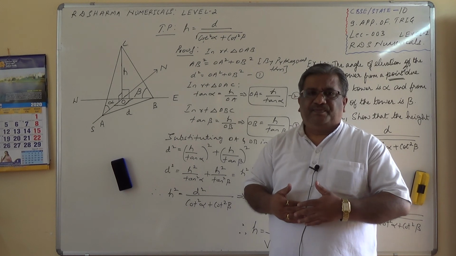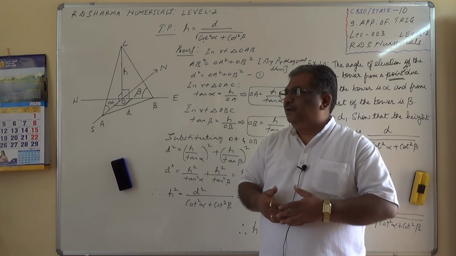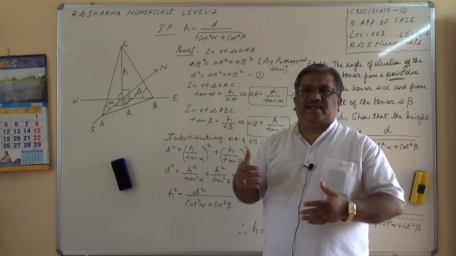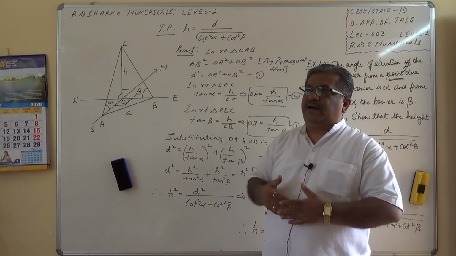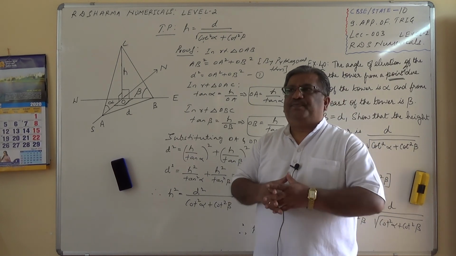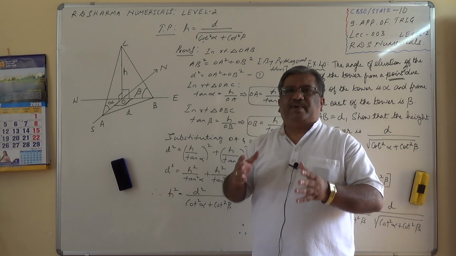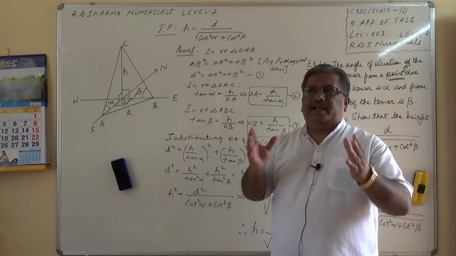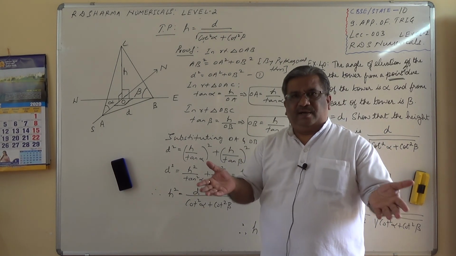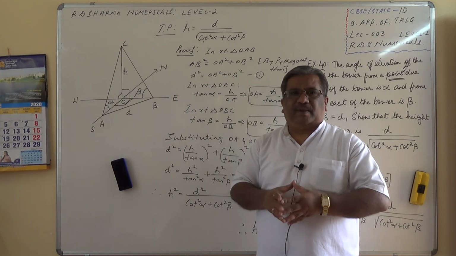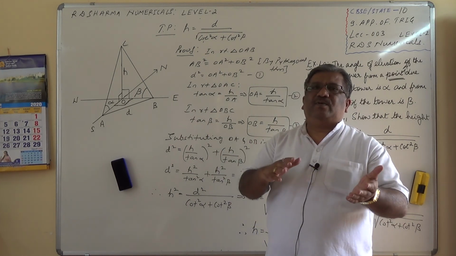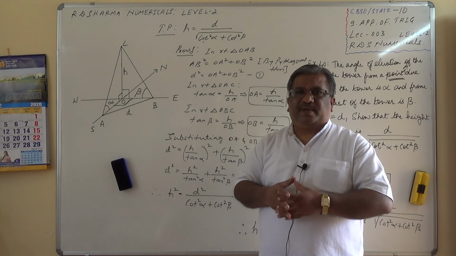You have to practice a lot, and most of these numericals, especially in the applications of trigonometry, are word problems, and hence you should have very good patience for reading the paragraphs, for reading the problems and converting them into problem statements.